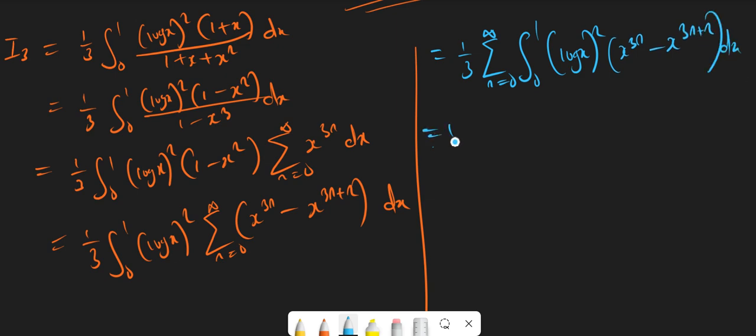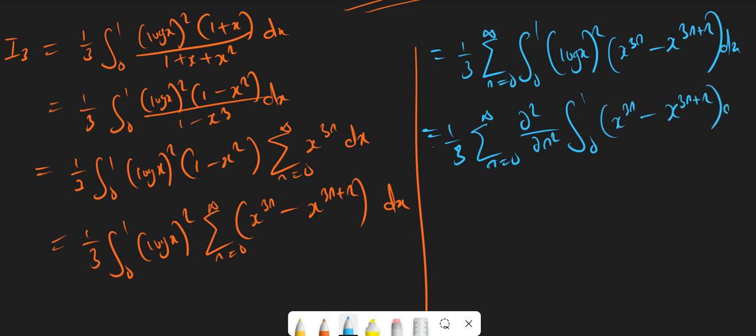So this is 1/3 of the sum as n runs from 0 to infinity of the second partial derivative with respect to n of the integral from 0 to 1 of x to the 3n minus x to the 3n plus 2 dx.